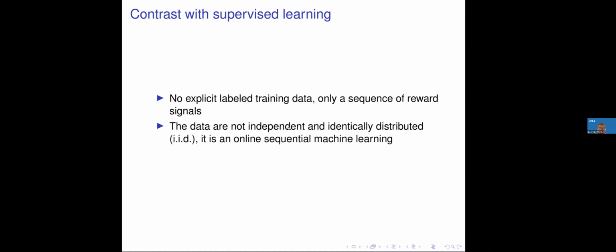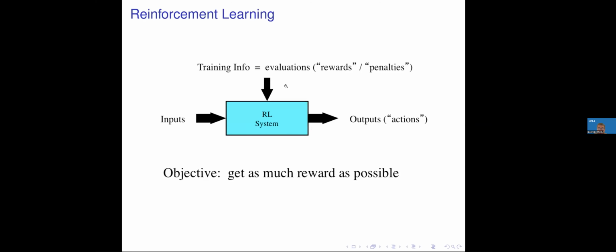But in reinforcement learning, there's no labeled training data. And the data are no longer independent and identically distributed. The data are collected on the fly when the agent interacts with the environment. So when we train a reinforcement learning agent, our goal is to use the reward received in the history and try to find a policy such that by following this policy, the agent will achieve as much total reward as possible.